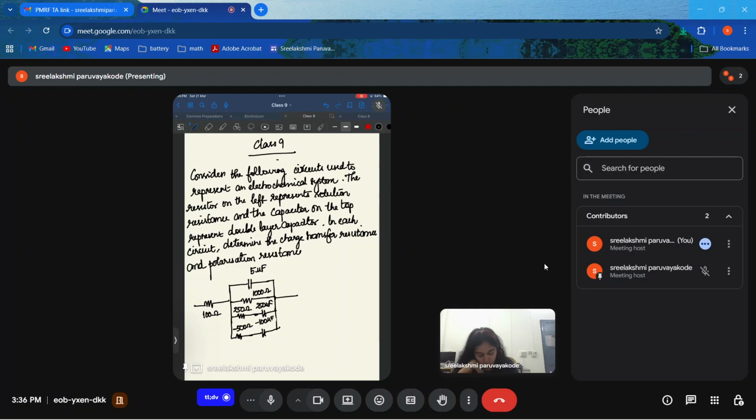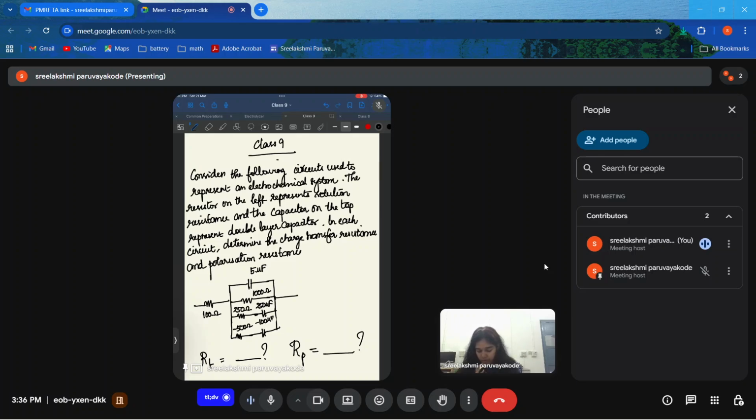So this is the circuit which is given to you. One question is, find out RT, the charge transfer resistance, and the next one is find out the polarization resistance. Okay, this is the question.